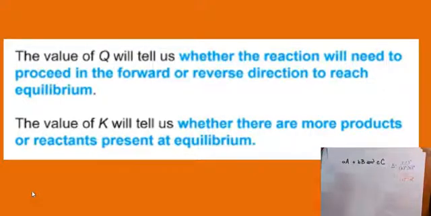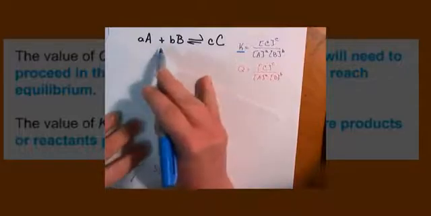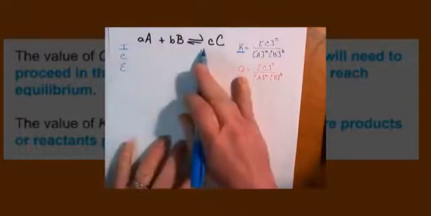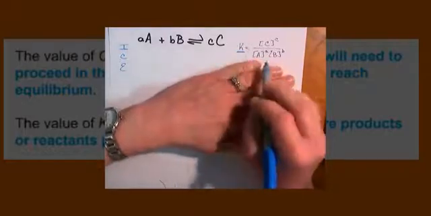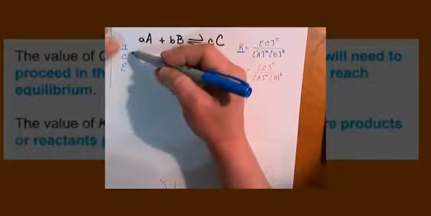All right, so what is the value? Well, if you take a moment and read this slide. We often don't have enough information to know in what direction we need to move to get to equilibrium. So we know an equilibrium problem begins with the equilibrium reaction, and we write the K expression to the right, and we proceed with our ICE.